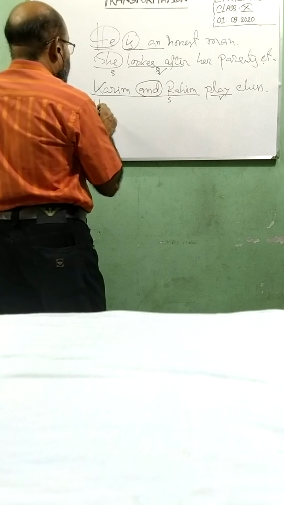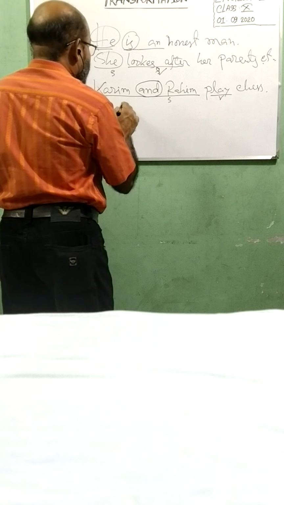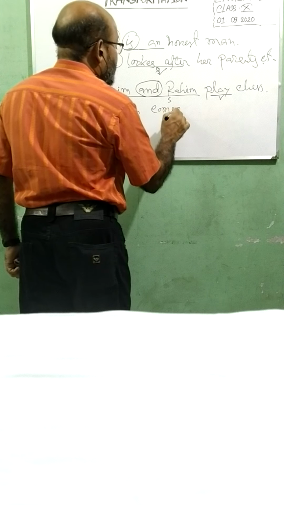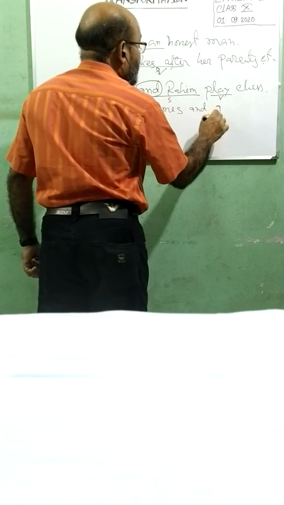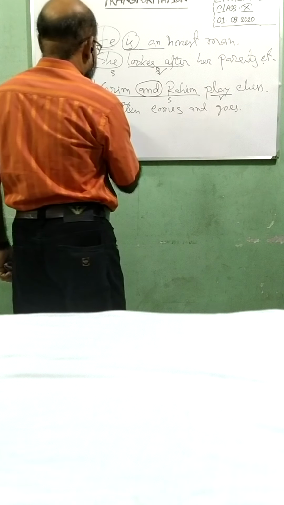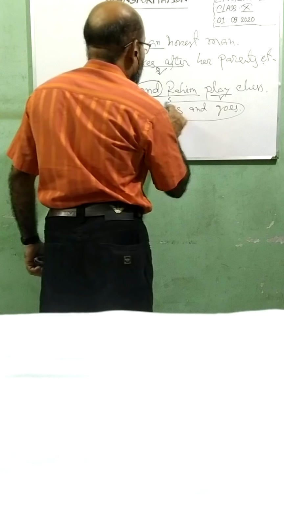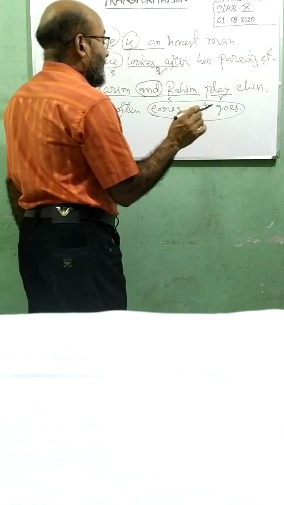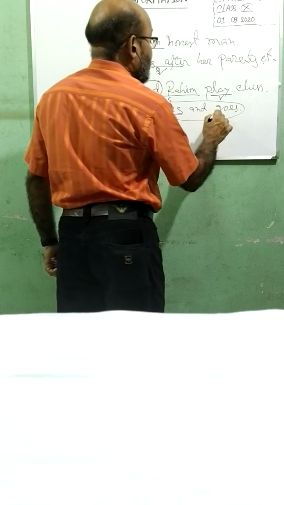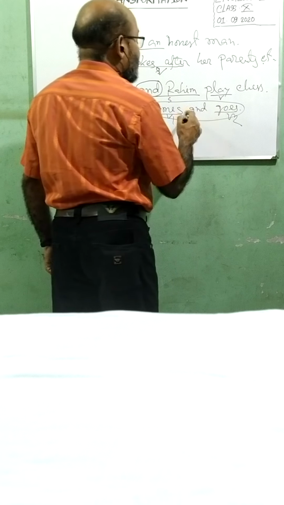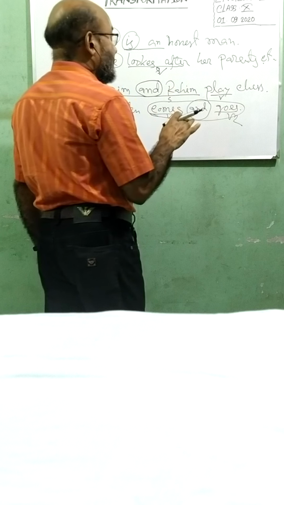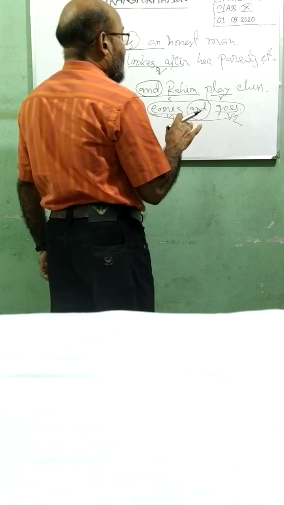Another example: He often comes and goes. In this sentence, he is the subject, comes and goes is the verb. Here we see two verbs, and these two verbs are connected with and, but it is only one finite verb.